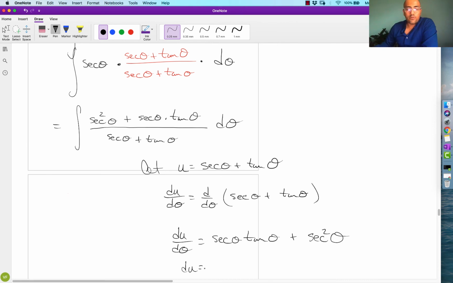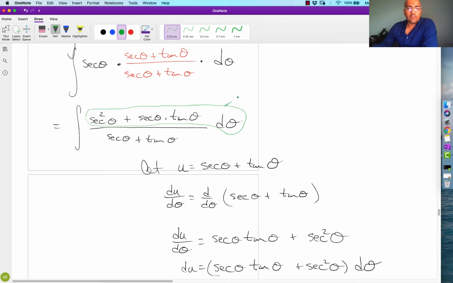So my du is equal to secant theta tangent of theta plus secant squared theta d theta. That whole thing times d theta. Okay, well, that's actually exactly the numerator. Secant squared theta plus secant theta tangent theta times d theta is exactly du. Okay, I'm going to circle it all. This whole thing times the d theta, all of this is my du.